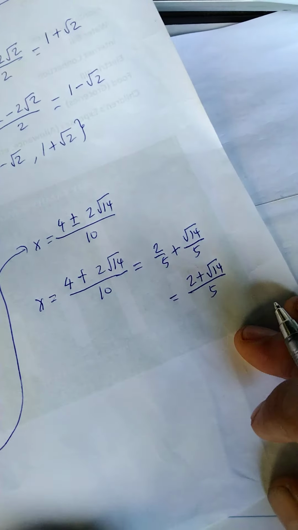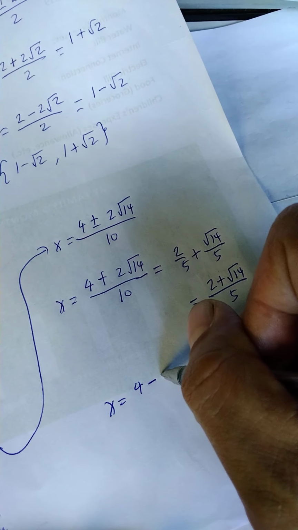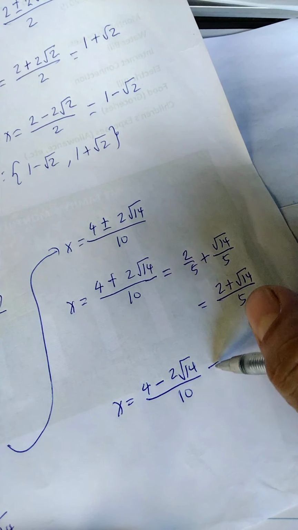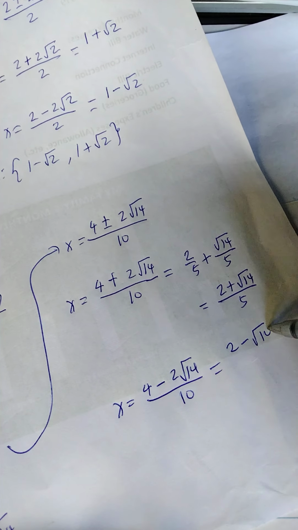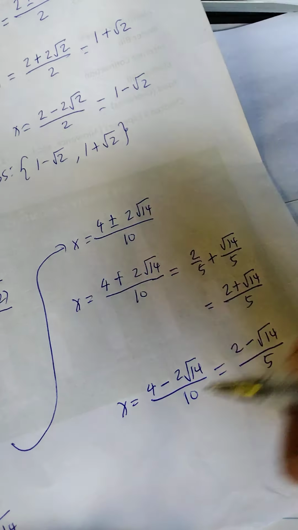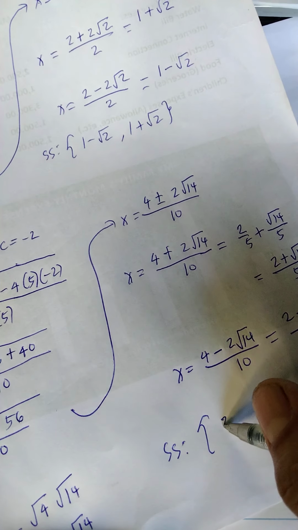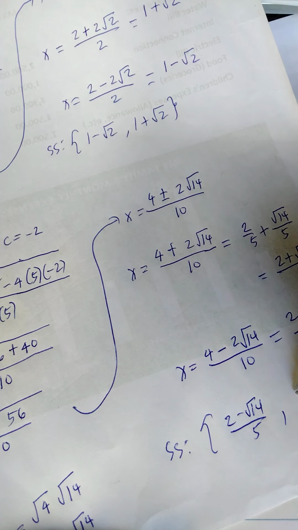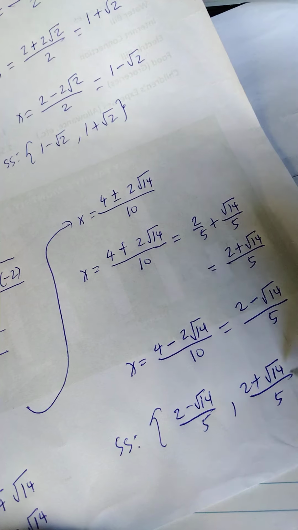No, muna na siya, no. Ang isa, x is equal to 4 minus 2 square root of 14 all over 10. Simplify, that is 2 minus square root of 14 over 5. So these are our solutions. No? So 2 minus square root of 14 over 5 o 2 plus square root of 14 over 5. Okay? So dali ra kay siya, no?